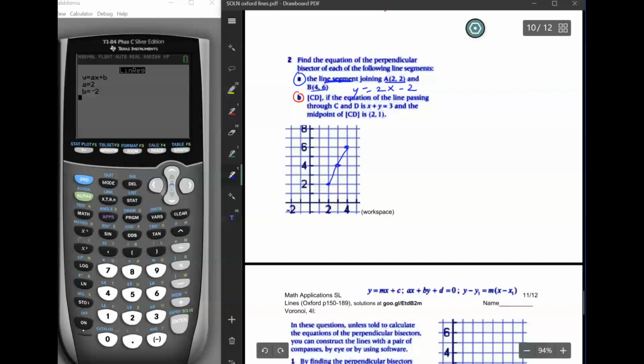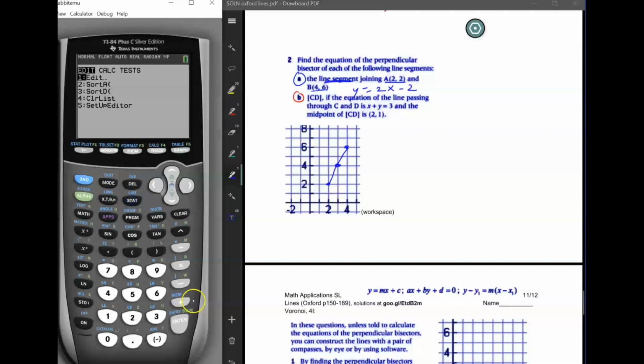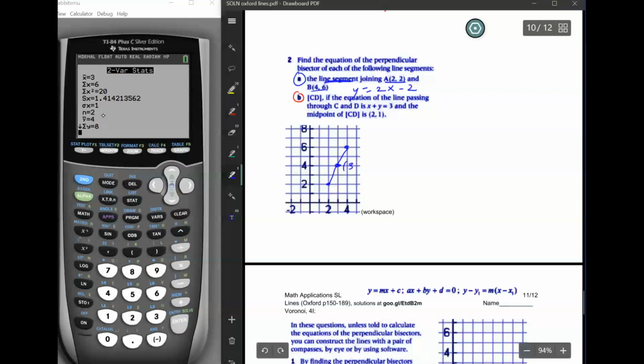So this is obviously going to be the midpoint of those two, but if you wanted to find the midpoint using another method, with the calculator, remember that if you do stat edit with these two endpoints and you do calc 2-Var Stats, x bar and y bar are going to give you what we want. It's going to give you x bar and y bar, which are 3 and 4, and that's going to be the coordinates of this midpoint. So the coordinates of the midpoint are (3, 4).